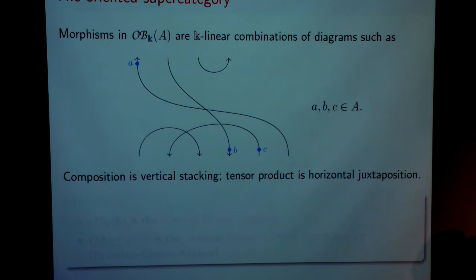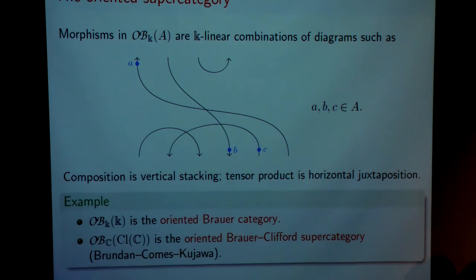So here's a picture of some morphisms in the oriented Brauer category. They just look like oriented Brauer diagrams. The only difference is our strands now can carry these tokens labeled by elements in this superalgebra, right? So it's not that big a change. And again, composition is vertical stacking, tensor product is horizontal juxtaposition. So as I mentioned, if you take this superalgebra to just be your ground field, that's the oriented Brauer category over that field.